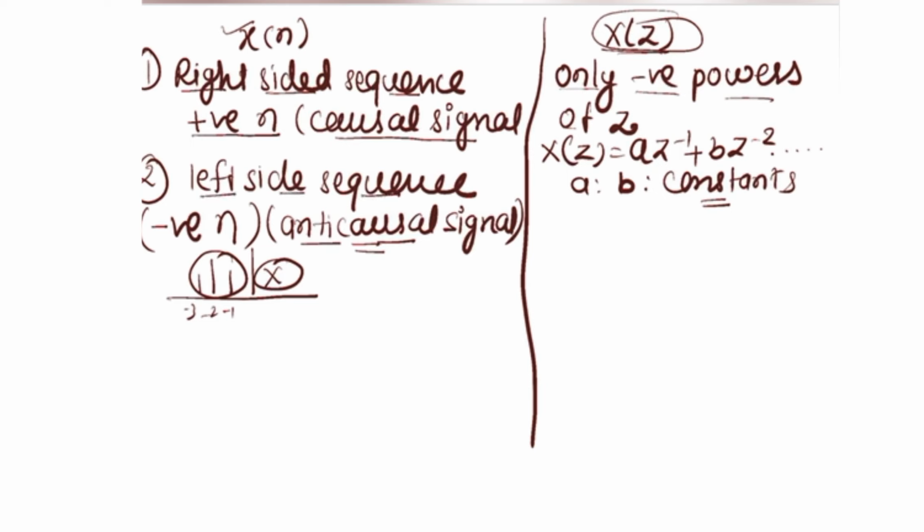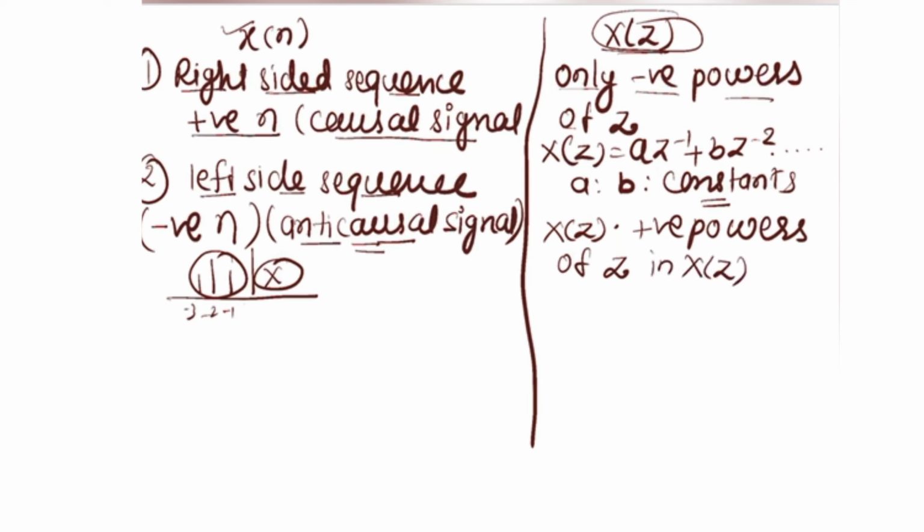So when x[n] is a left side sequence, then we will get only positive powers of z in X(z).